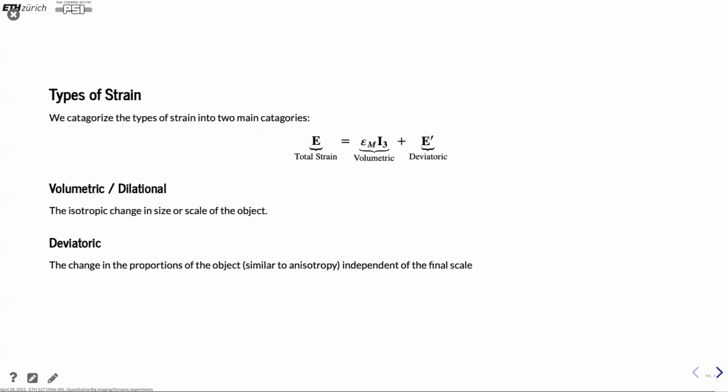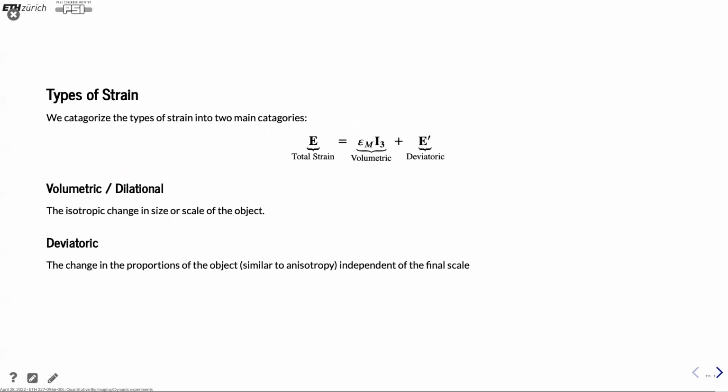An application is, here we come to different types of strains. So we have the different parts of this strain tensor. One is about the changes in size and scale of the object, and the other one is changing of proportions within the object.